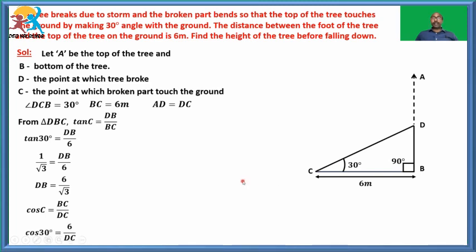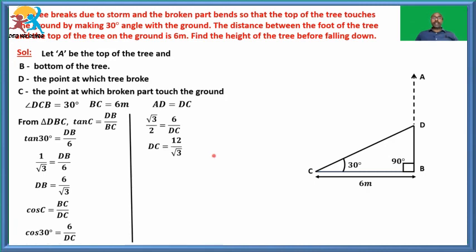So substituting C is equal to 30 degrees and BC is equal to 6. Now the value of cos 30 degrees is equal to root 3 by 2. So root 3 by 2 is equal to 6 by DC. DC is equal to 12 by root 3.